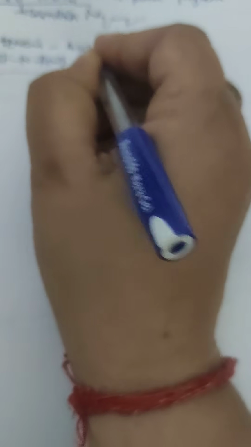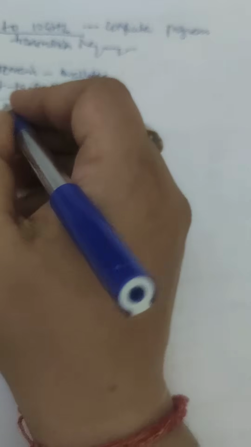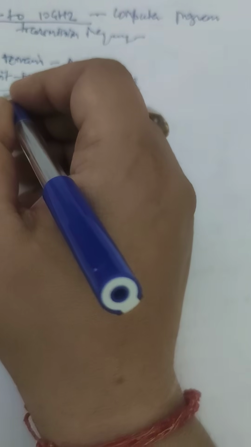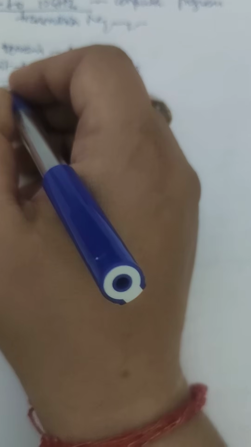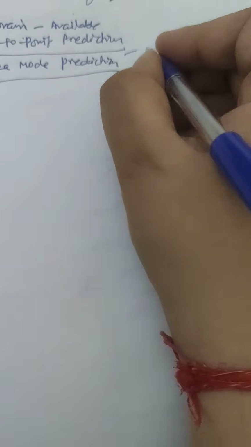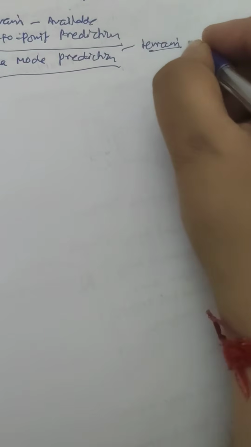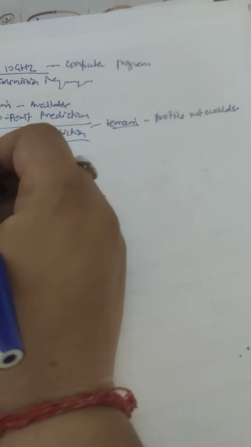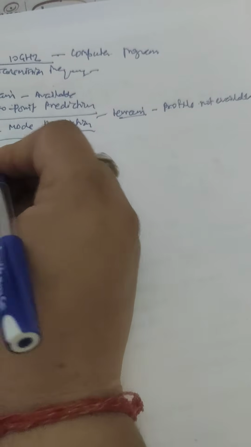If it is available, then point to point prediction is determined, and when the path is not available, the Longley-Rice method provides the techniques to estimate the path specific parameters. Such a prediction is called area mode prediction, and this is available when the terrain profile is not available.